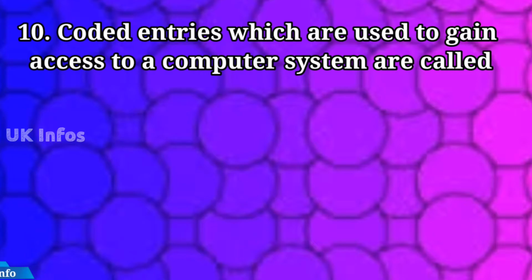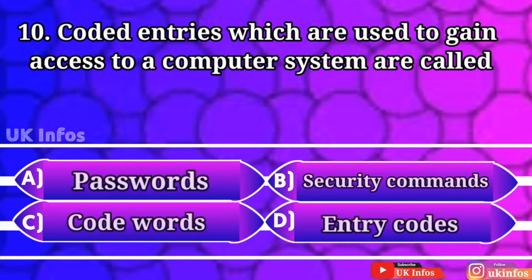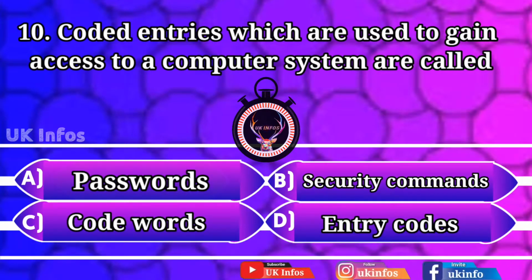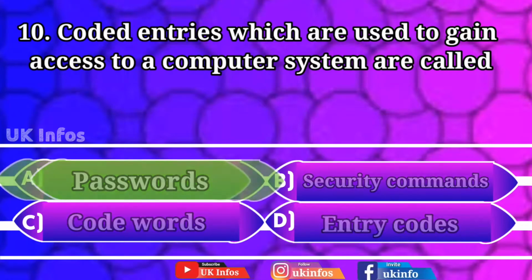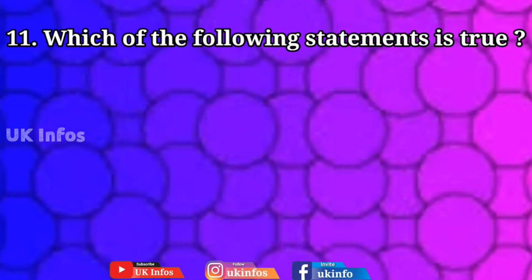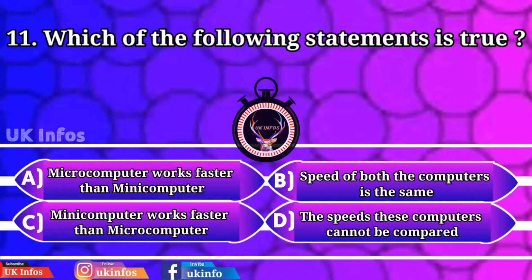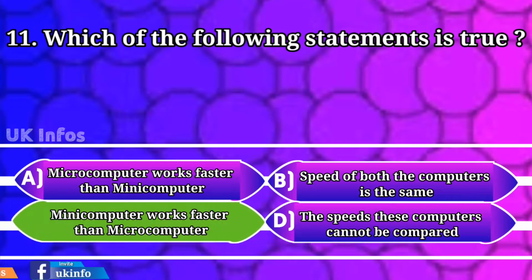Coded entries which are used to gain access to a computer system are called passwords. Which of the following statements is true? Mini computer works faster than microcomputer.